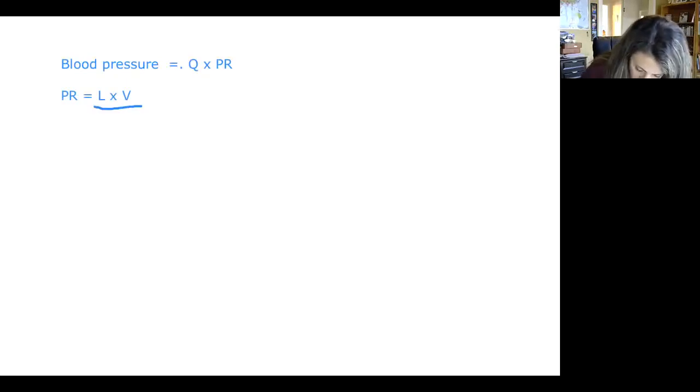You gave us the formula, but I don't see a definition. I don't really give a definition of peripheral resistance. You can think of it as resistance to blood flow in your extremities, basically. If resistance is high, it's difficult to get the blood to flow. If resistance is low, it's easy to get the blood to flow.